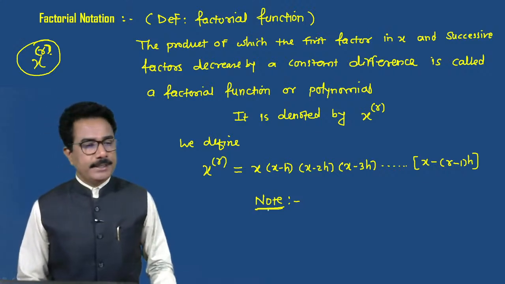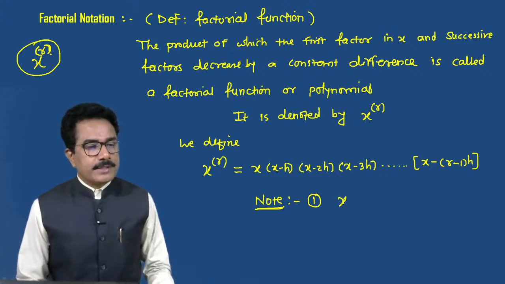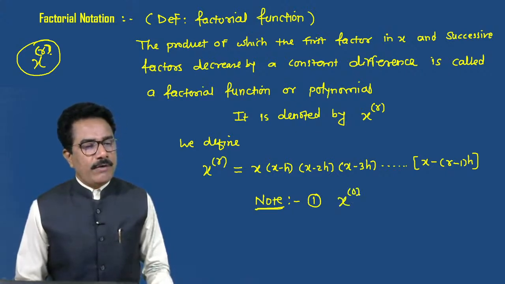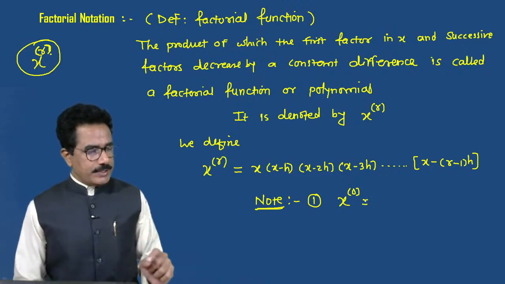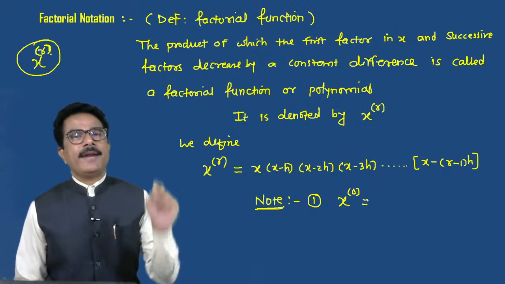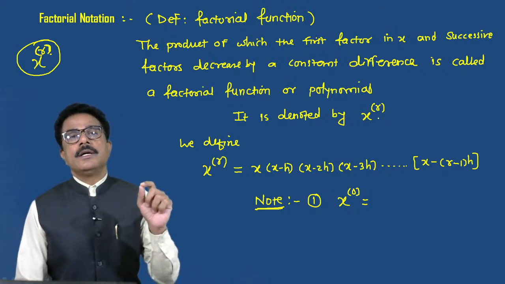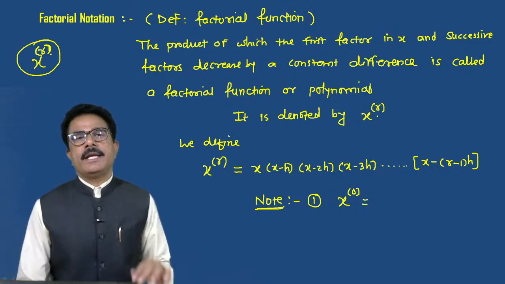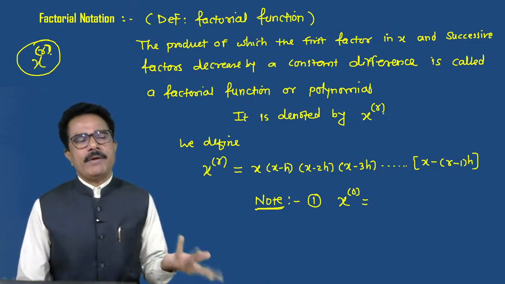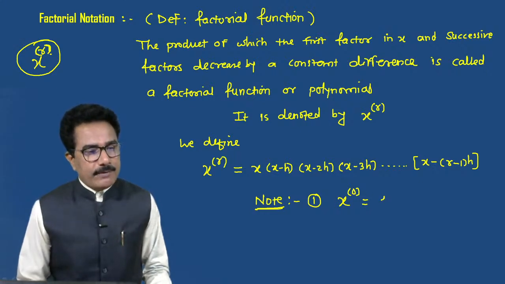Note that number 1 here: x raised to 0 factorial. How to read this? It is also read as x raised to the power r factorial. The value of x to the power 0 factorial is always 1.